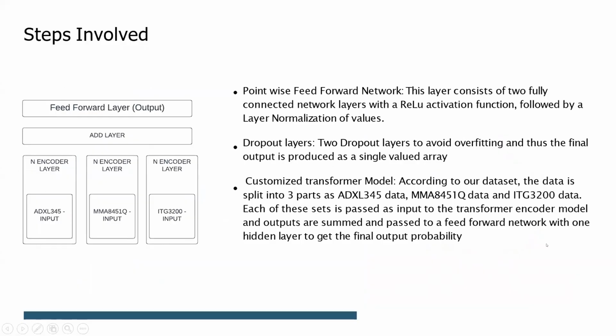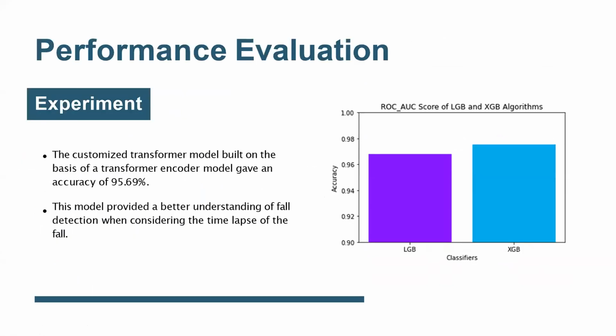So the outputs are summed and fed into a feed-forward network with one hidden layer to determine the final output probability. For the performance evaluation, the customized transformer model built on the basis of the transformer encoder model gave an accuracy of 95.69%. And this model provided a better understanding of fault detection when considering the time lapse of the fault.